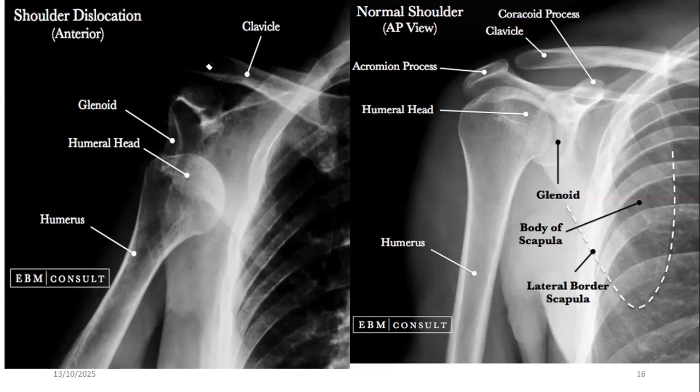On the other side, you can see that the humerus is dislocated. It should be there, but it has been dislocated. It's not inside the glenoid. That's the anterior shoulder dislocation.